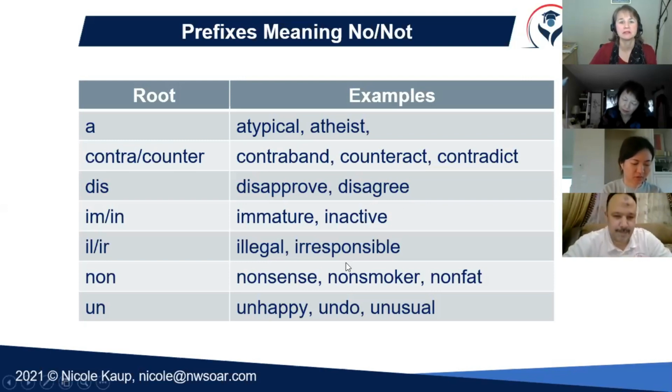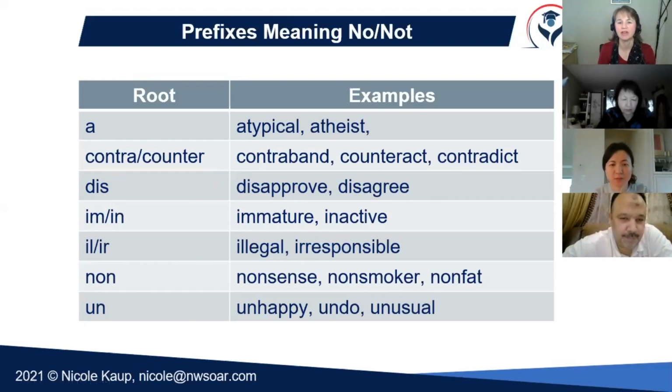So atheist does not believe in God. Counter and contra refer again to not or against: contraband, counteract, contradict. Disapprove, disagree. You'll notice a lot start with I: im, in, ill, ir. So immature is not mature, inactive is not active. Illegal is not legal. Irresponsible, not responsible.